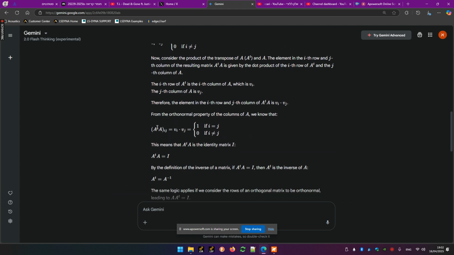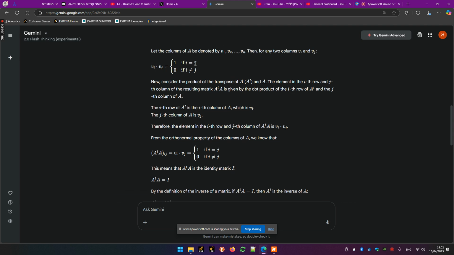Now, when we are looking at A transpose A, what we get is exactly this. Only when i equals j, we will get 1 in this multiplication A transpose A for orthogonal matrix. But if i does not equal j, we'll get 0. If we get 1 only when i equals j, which matrix will we get? We will get the identity matrix.